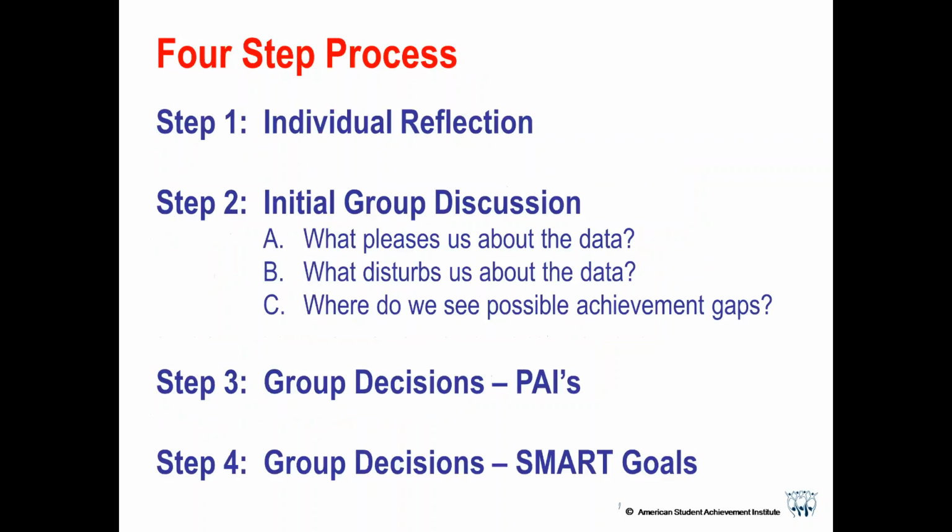Okay, so the discussion is a 4-step process. And again, these steps can be done at different times, or they can all be done at once. Is this time consuming? There's just no way around that. If you're going to do good school improvement planning, you've got to roll up your sleeves and dig into the data. It's just how it works.